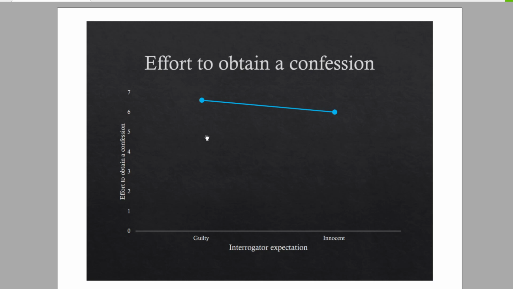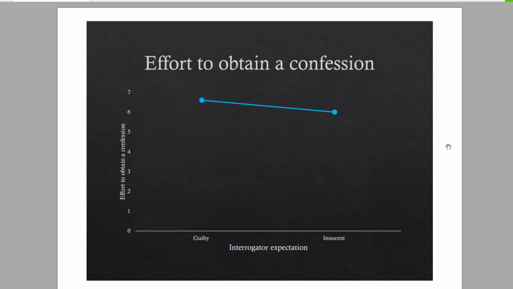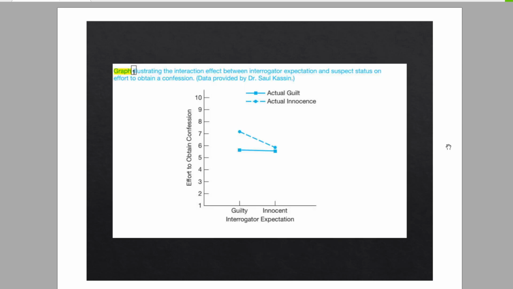However, in ANOVAs, you can do an interaction. So you can see whether another variable added in changes this line right here that we've seen. Two-way. This shows an interaction between interrogator expectation and the actual suspect's guilt or innocence in the effort to obtain a confession. It takes these numbers and splits them into the two groups of actual guilt or actual innocence.